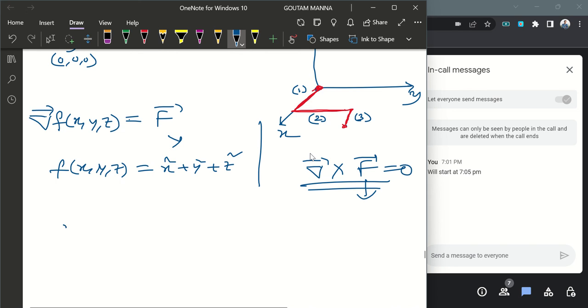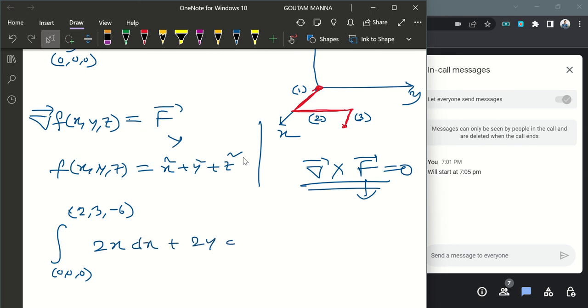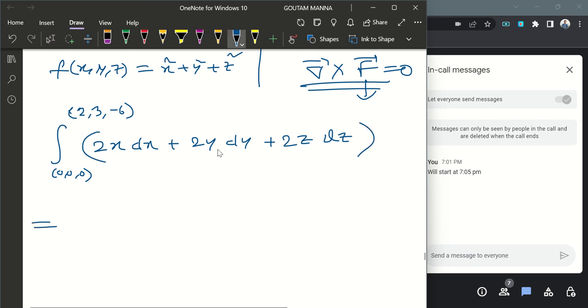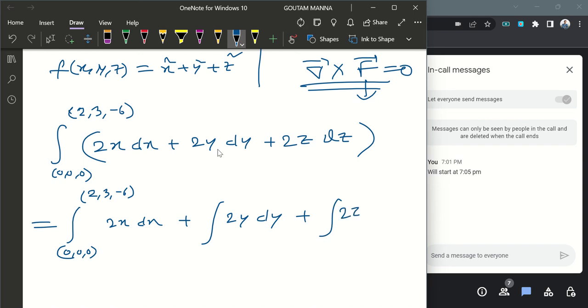So in that case, if you do this integration from 0 0 0 to 2 3 minus 6, it is 2x dx plus 2y dy plus 2z dz, and if we integrate it separately, then it is from 0 0 0 to 2 3 minus 6 of 2x dx plus 2y dy plus 2z dz, along each part.